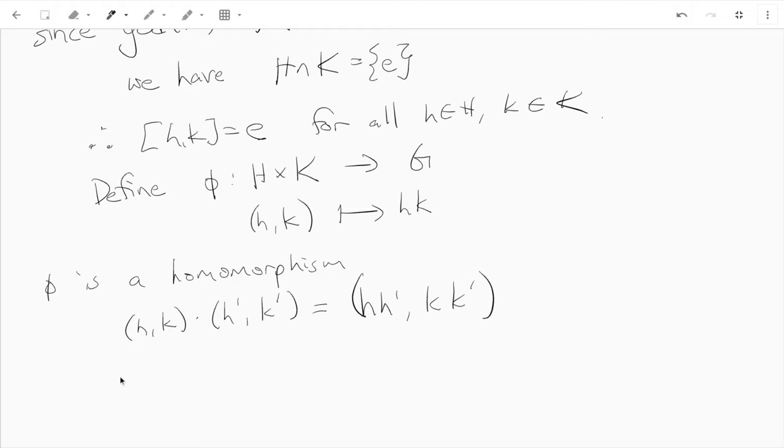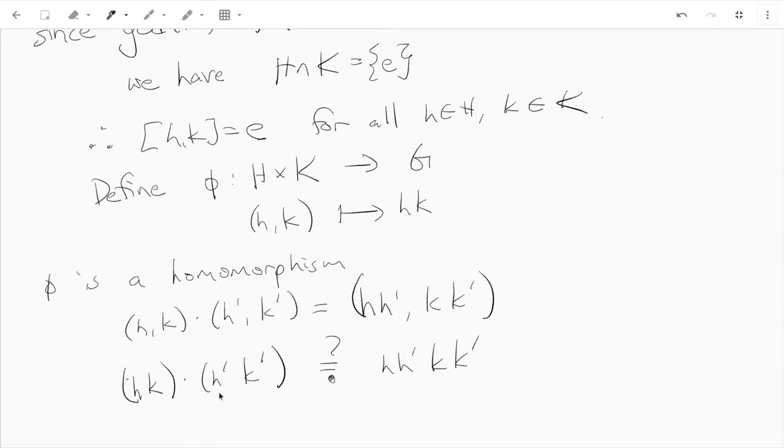Phi of this is hk, and phi of this is h' k', and in order to be a homomorphism we need phi of the product to equal the product of the phis.